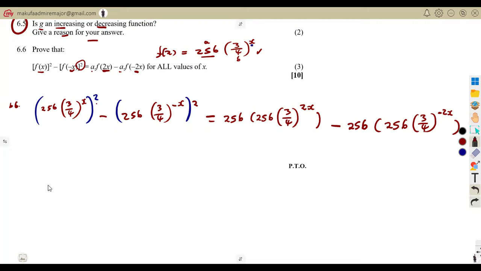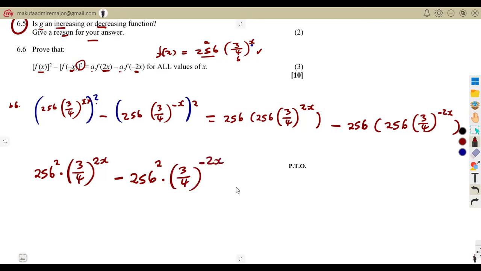And there is an exponent, so the 3 over 4 you multiply the exponent by 2, the same as 256 to the exponent of 2. So that's 3 over 4 to the exponent of 2x. This is our left-hand side.